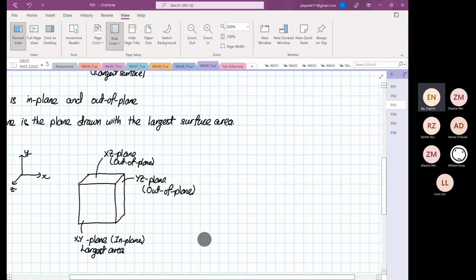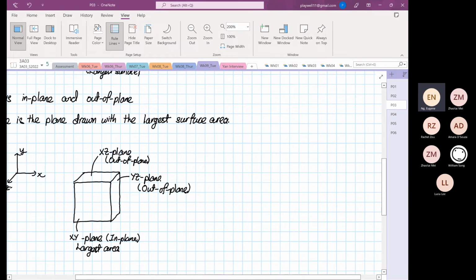Okay, then let me do another view for you all to see, so that you'll be more sure of the definition. Again, the same transformation. Now we are going to draw the orientation this way. The planes are still the same. This is still our XY plane.